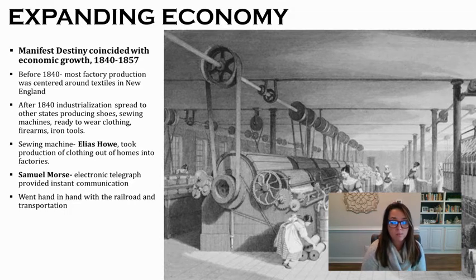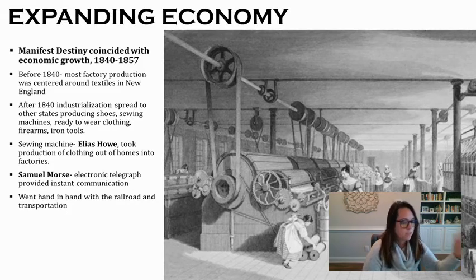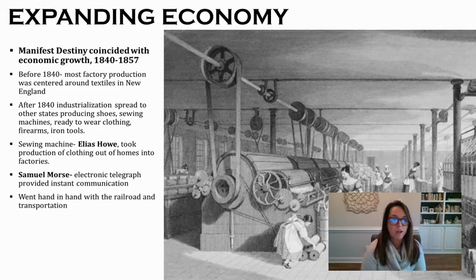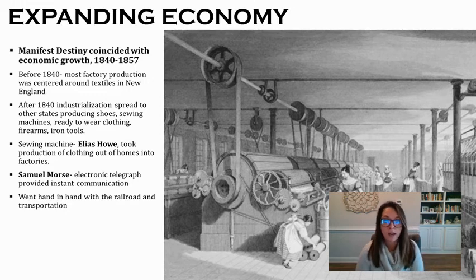So now you can buy ready-made clothing by 1840. Where before, probably 60 years before, your mother is spinning her own wool and knitting your clothing. Then it transitions to fabric that you can go buy and your mom makes your clothes. Now you can actually buy ready-made clothing.